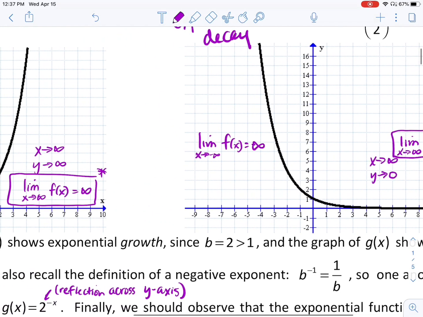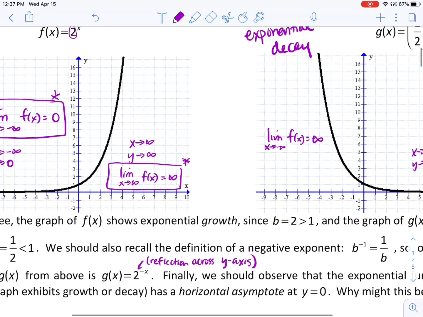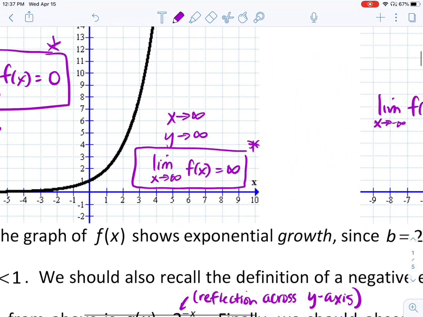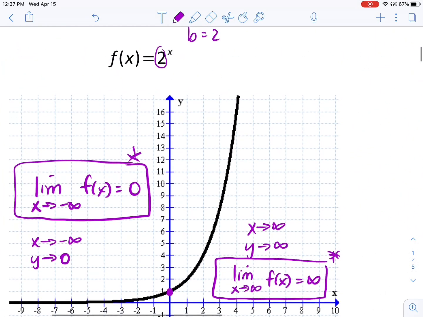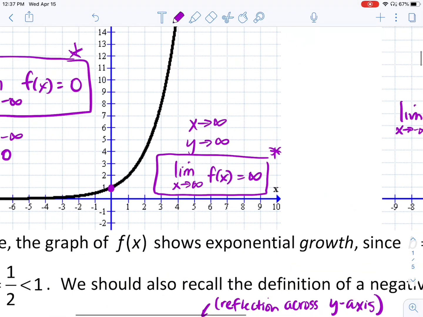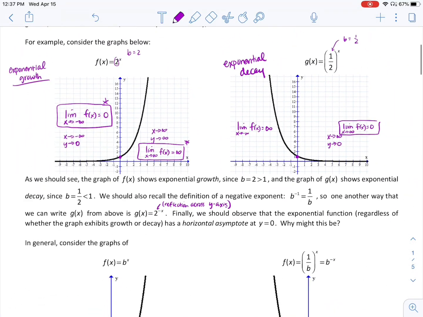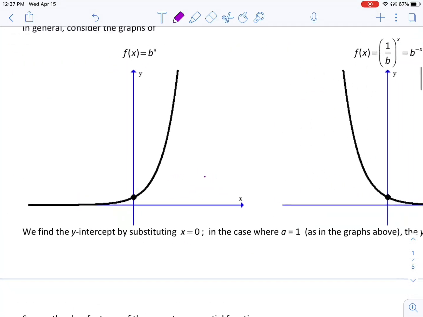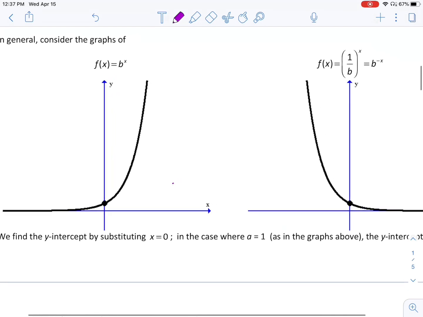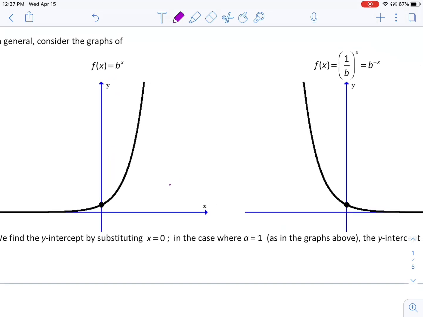In both models, as long as the function is not transformed, you should see that the a value in those cases is 1, and our y-intercept in both of those cases is 1. Interesting. How can I broaden this understanding? Well, let's make some broad statements here: in both cases where there was not an a value, or the a value was 1, the y-intercept was (0, 1).